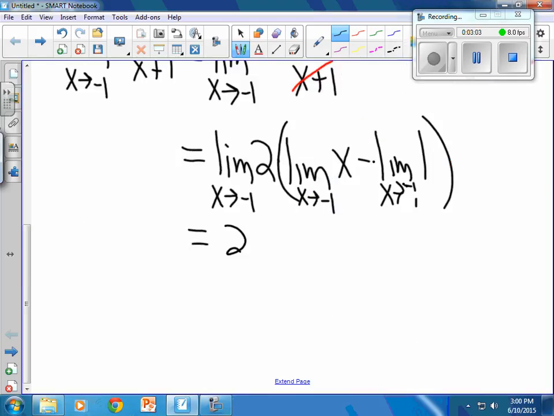And that would give us 2 times negative 1 minus 1, which would be negative 4. And there our limit does exist, and we have found it by factoring and canceling.